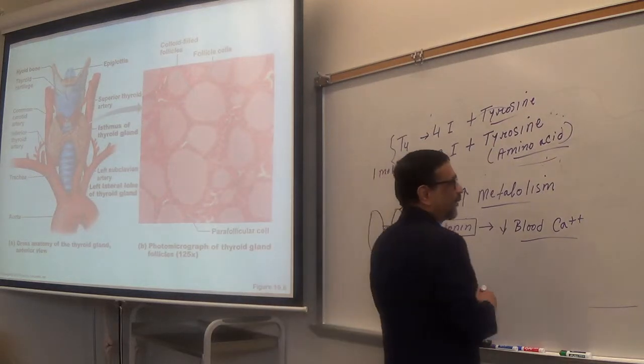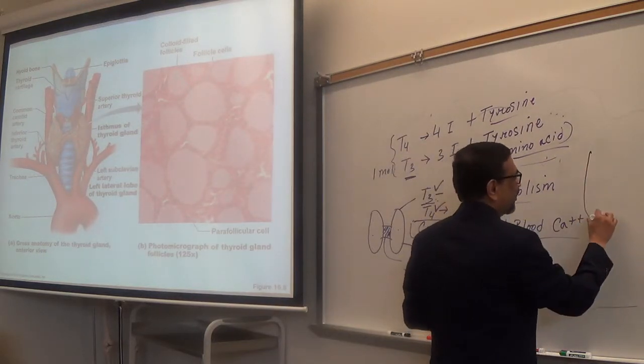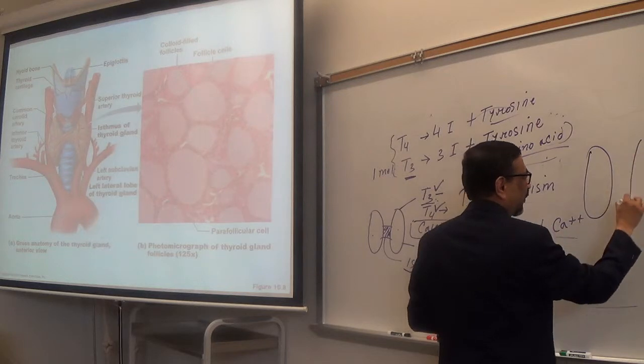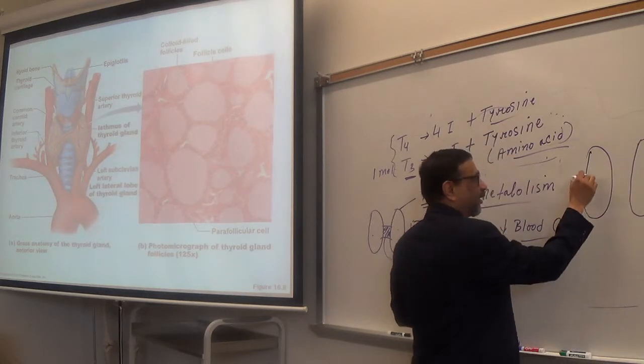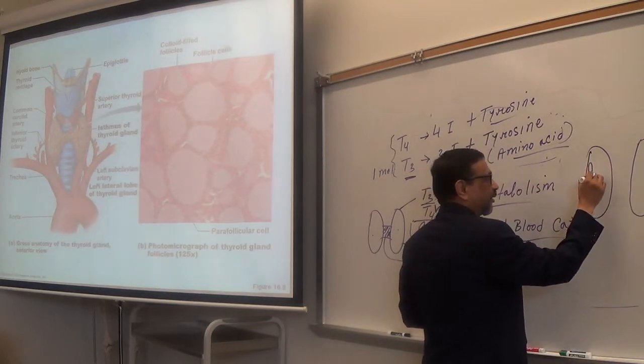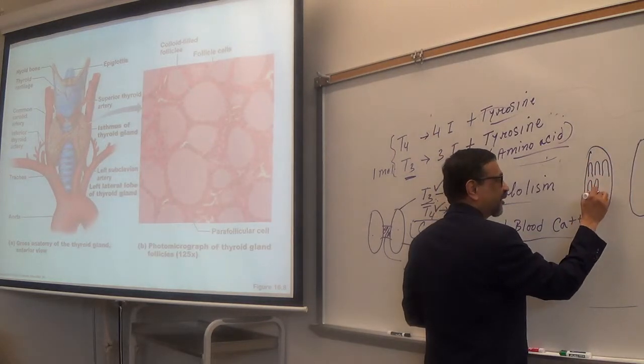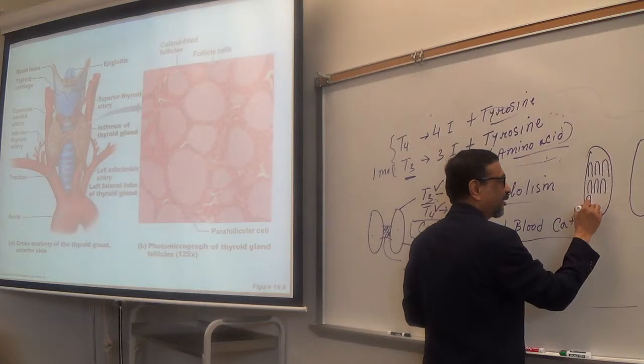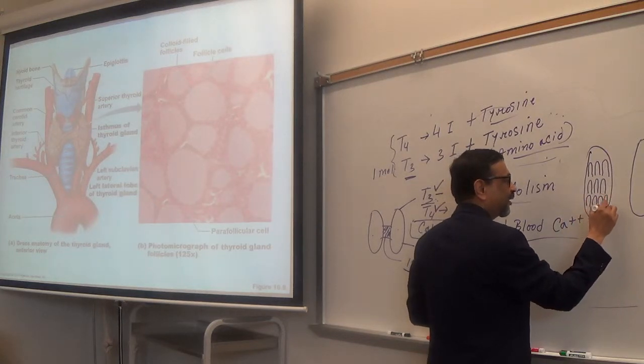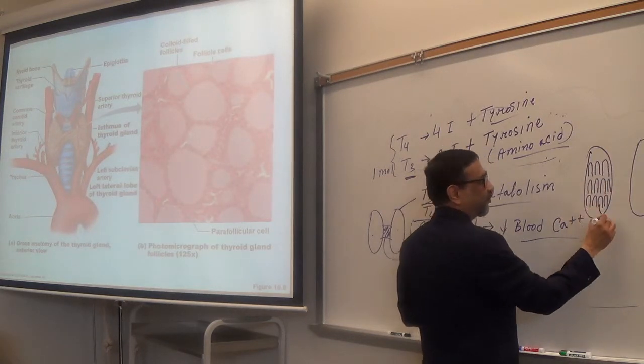Now, if I see inside the lobe of the thyroid gland, I will see many finger-like structures like this, filled with these finger-like structures. These are called follicles.